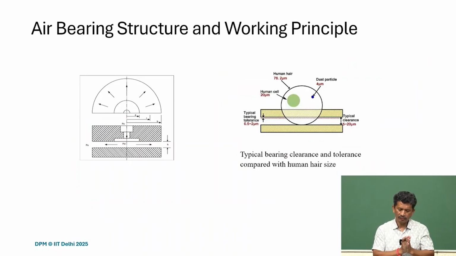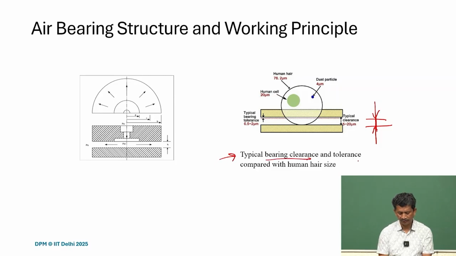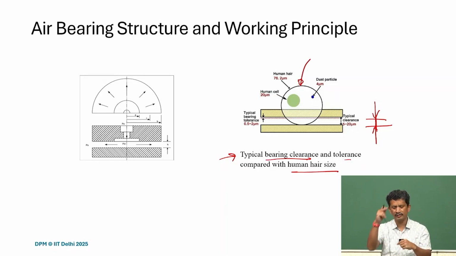What we also need to understand is what the working range is, what the air gap is when we are talking about these kinds of systems. So, it's just a comparison here: typical bearing clearance and tolerance versus the human hair, this big black circle.